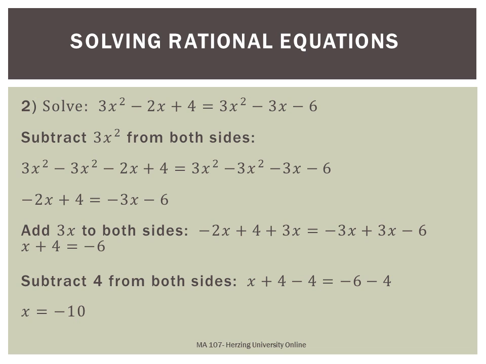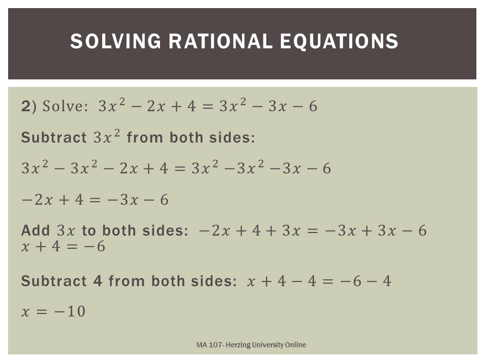Next, solve 3x squared minus 2x plus 4 equals 3x squared minus 3x minus 6. Subtract 3x squared from both sides, and we get negative 2x plus 4 equals negative 3x minus 6. Add 3x to both sides.